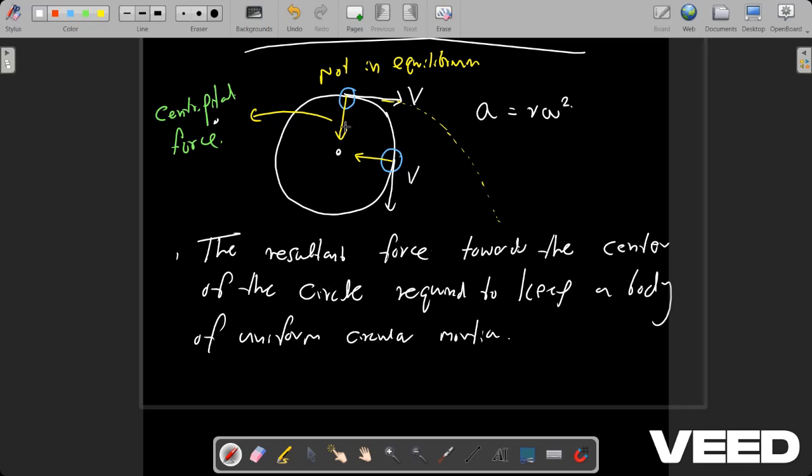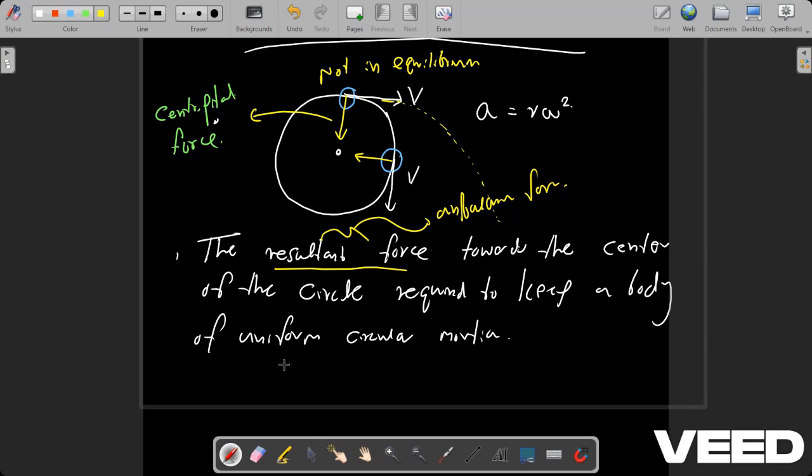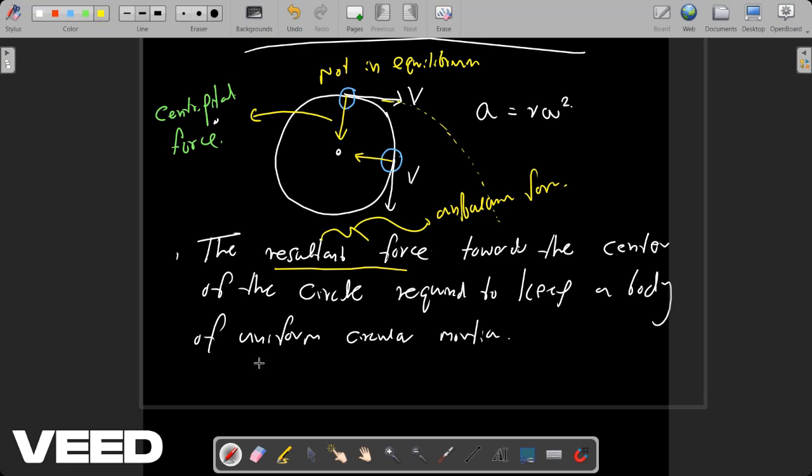Resultant force means unbalanced force on the object toward the center of the circle, required to keep a body in uniform circular motion.